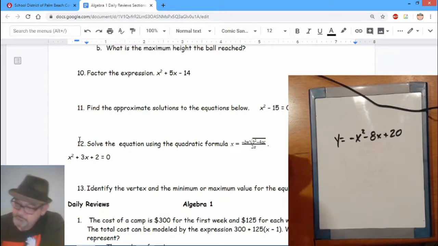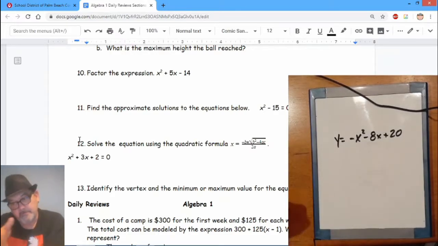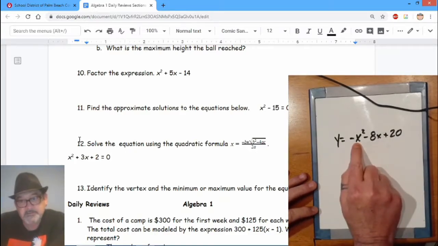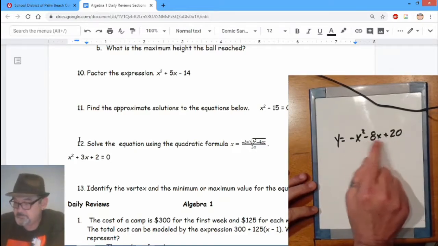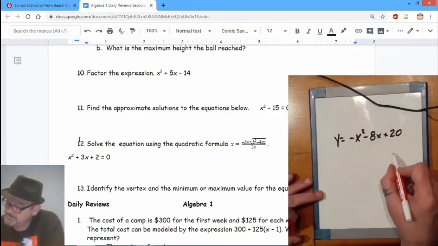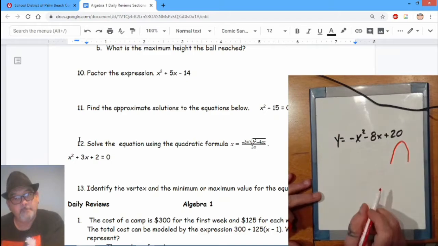It's a U shape, okay? And we are looking for either the bottom of the U or the top of the U if it's upside down. Now, what tells me if it's upside down or right side up? Well, that's A. That's this here. This is A. Remember, ax squared plus bx plus c. It's negative. So guess what? My U shape is going to be upside down.